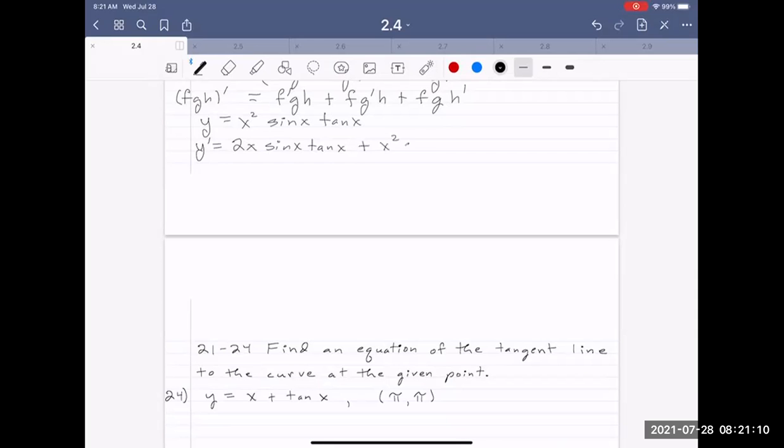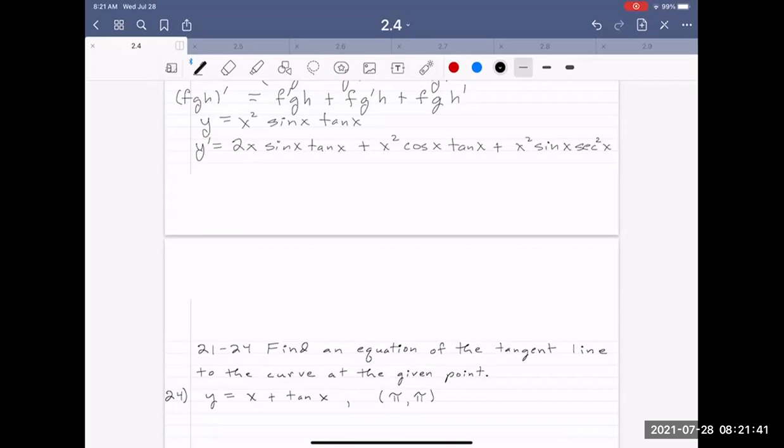Derivative of sine is cosine x, times everything else, the x squared times tangent x, plus the derivative of the third times everything else. So here's everything else, x squared times sine x, times the derivative of tangent. The derivative of tangent x is secant squared x.